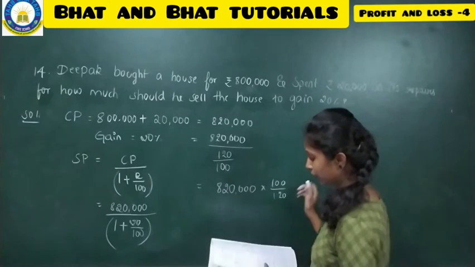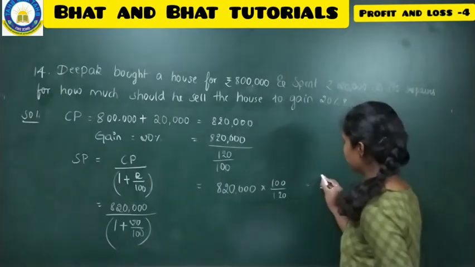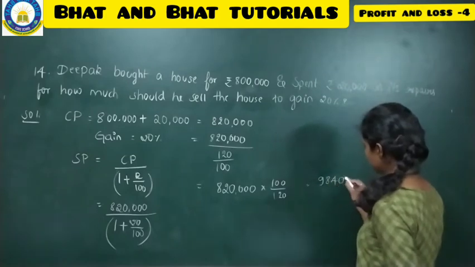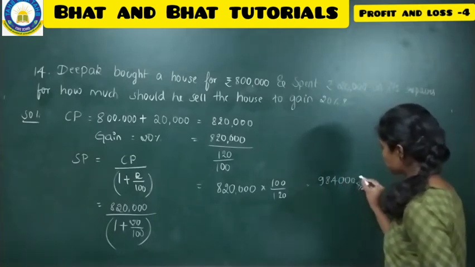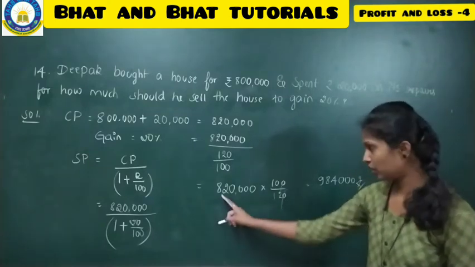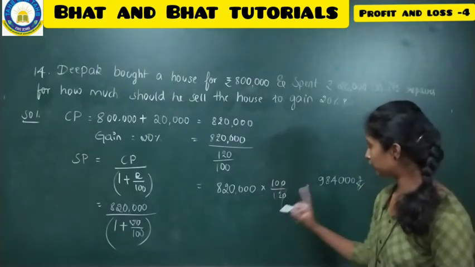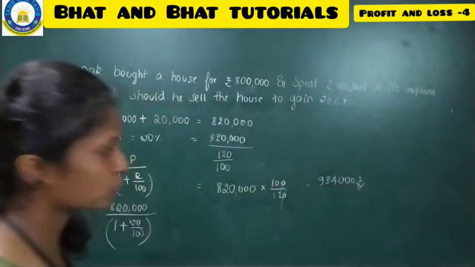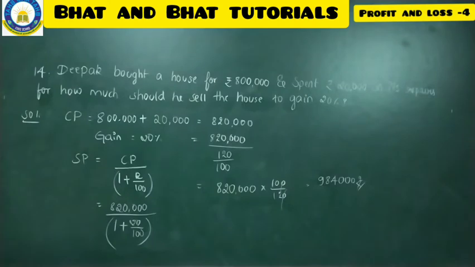When you go through the further divisions, you will get the final answer as 9 lakh 84,000. I have not shown the steps since I have already shown them. Multiply this, divide by 2, and you will get this answer. Complete this and tell me. Hope you all copied this.